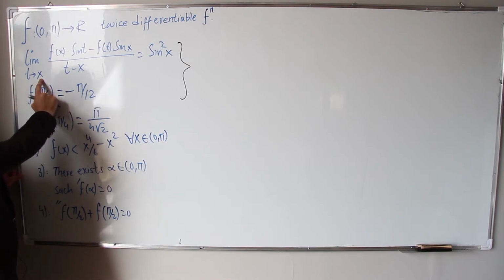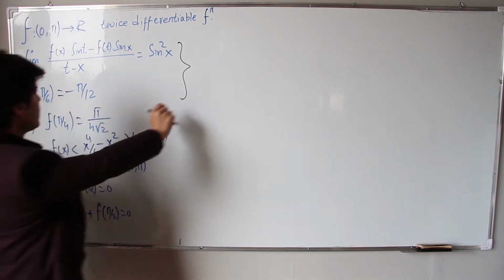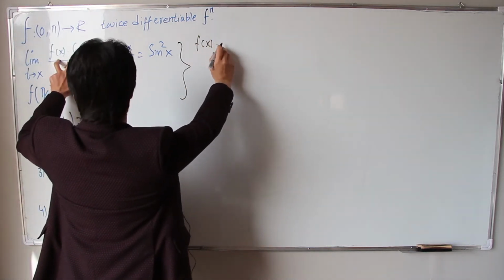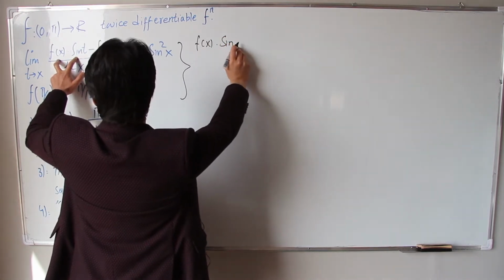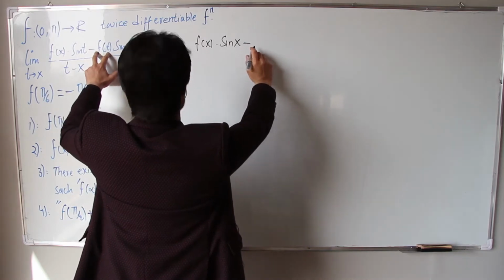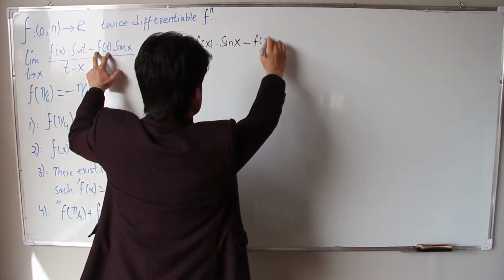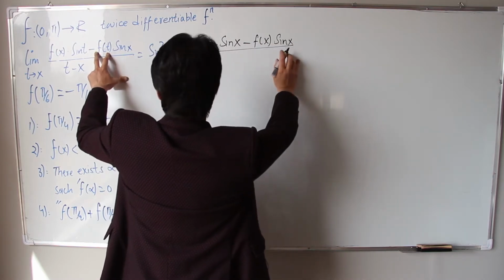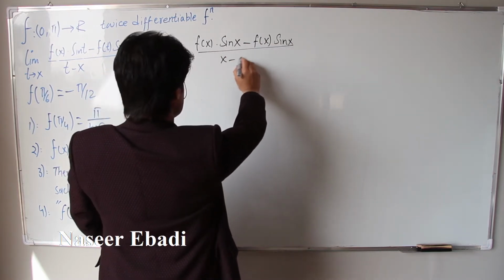It means that instead of t we put x. Now we have f(x) times sine of x minus f(t), and instead of t we put x, and also sine x, divided by t minus x.